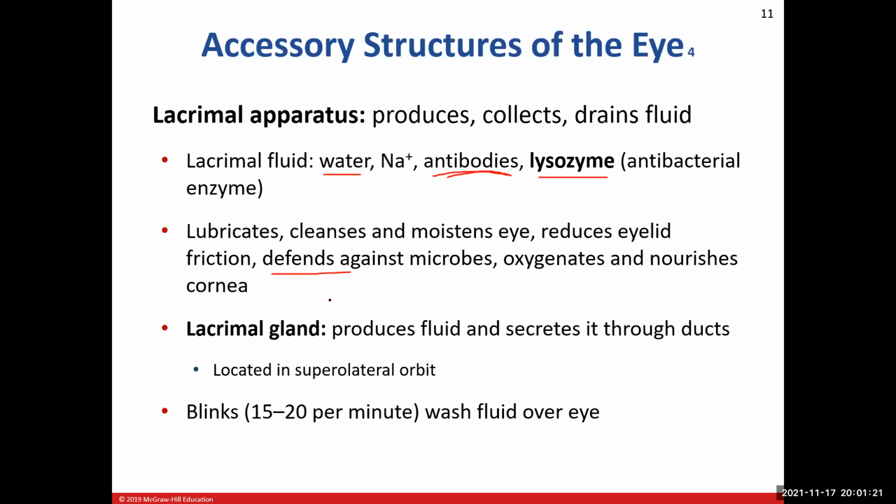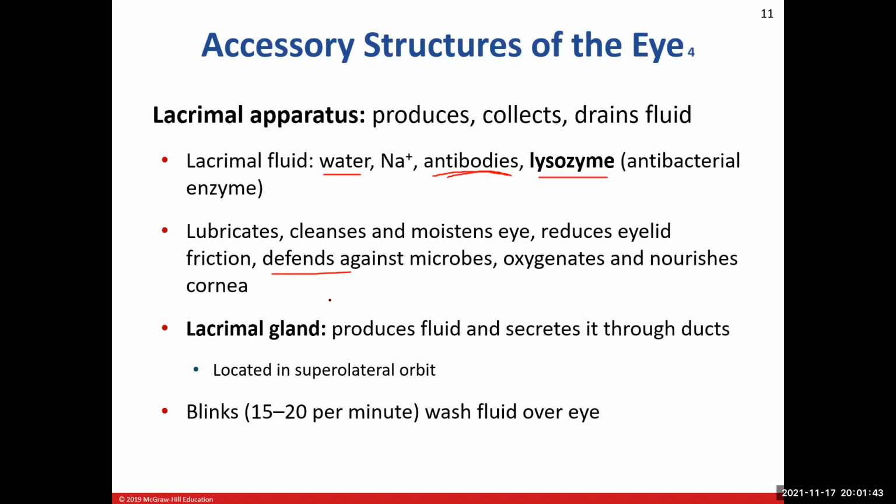So the lacrimal gland produces the lacrimal fluid, and every time you blink, you are going to move the lacrimal fluid across your eye. You roughly blink about 15 to 20 times per minute. You probably don't notice it, and probably now that you're thinking about it, you're probably blinking more.